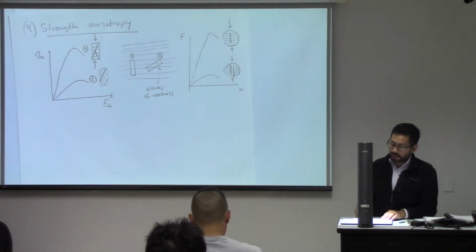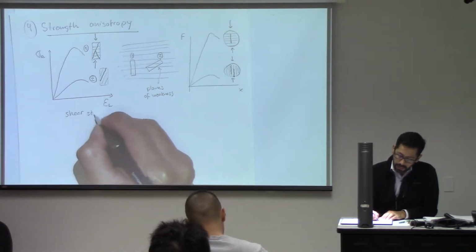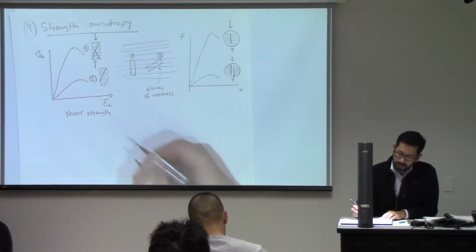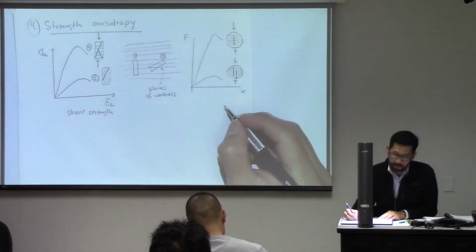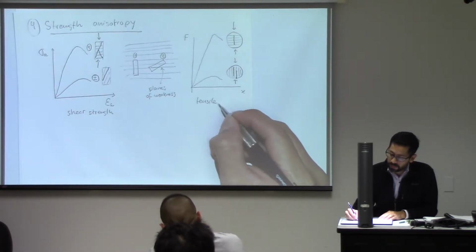So either for tensile strength or for shear strength, the orientation of the rock with respect to lamination and if there are planes of weakness is very important.